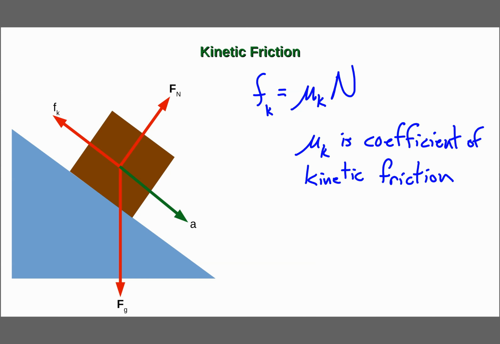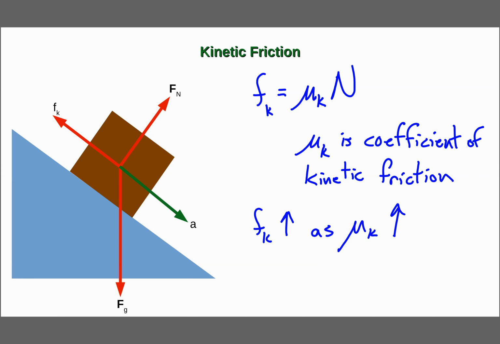And this is going to depend on what your two surfaces are made out of, okay? This is going to depend on the properties of the surfaces themselves, the materials that the surfaces are made out of. And so if you look at this equation, you note that Fk goes up as mu k goes up.